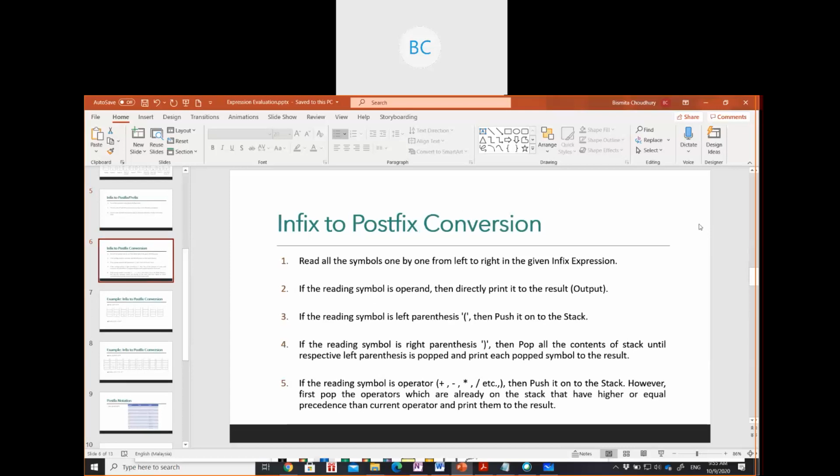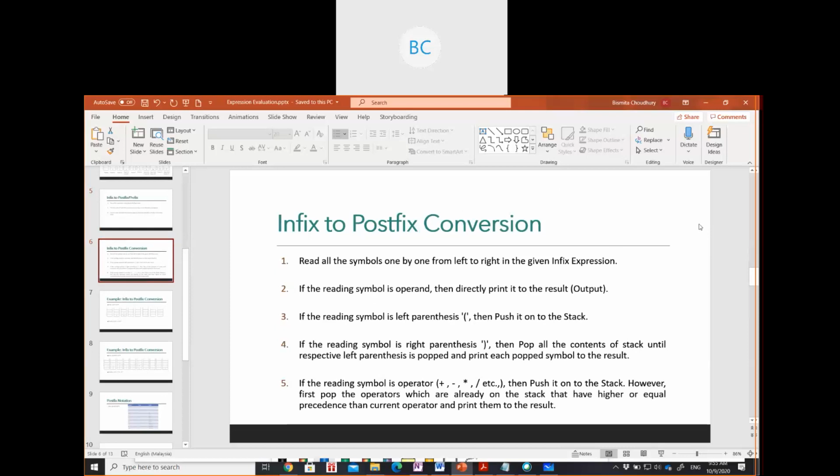So the first step is to scan all the symbols one by one, left to right, in the given infix expression. If the reading symbol is an operand, then directly, okay. Now the thing is different. Okay, in postfix evaluation what was happening?